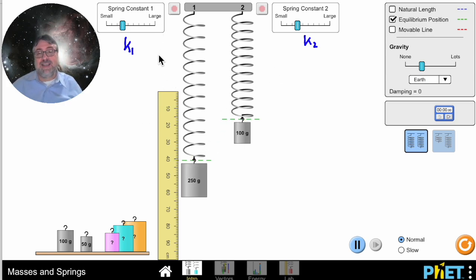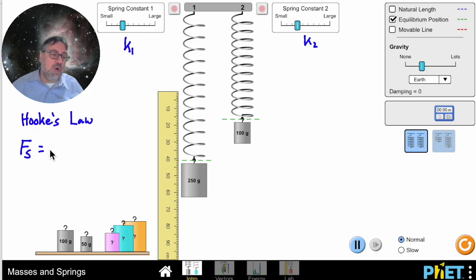Now, this is summarized by what is known as Hooke's law. Hooke's law says that the force on a spring is always equal to minus k, the spring constant, times x, the distance you actually stretch the spring.